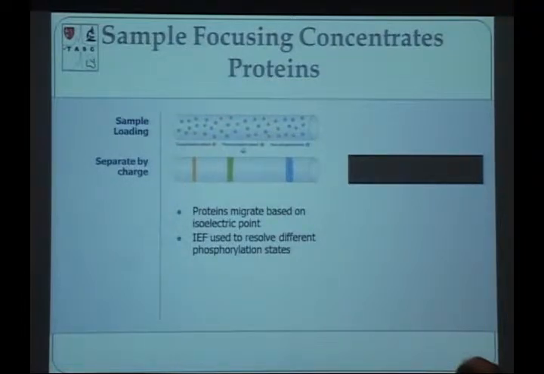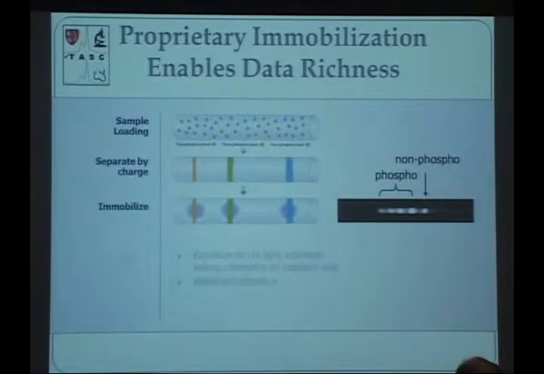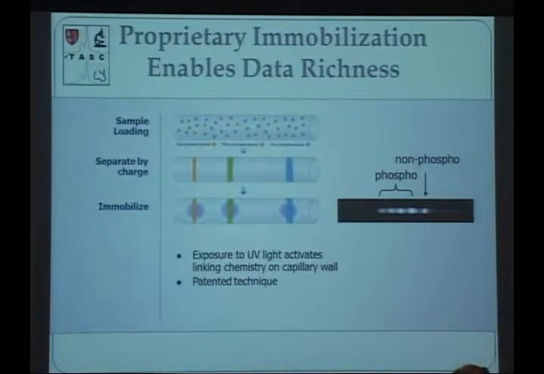And then there is a proprietary immobilization step where you basically shine UV onto the capillary, and that immobilizes the proteins that you have resolved by charge to specific places within the capillary.